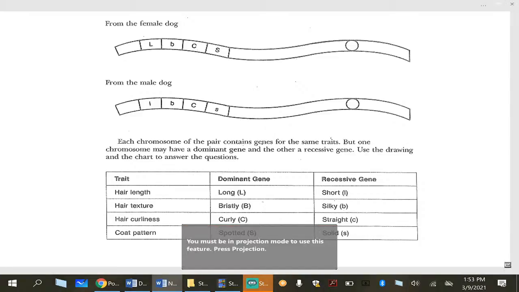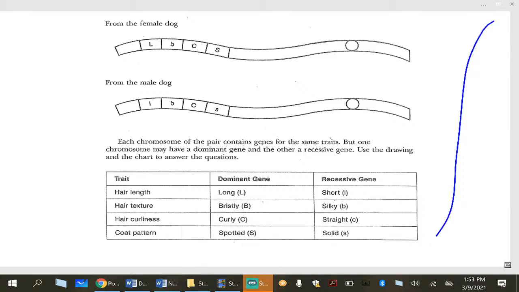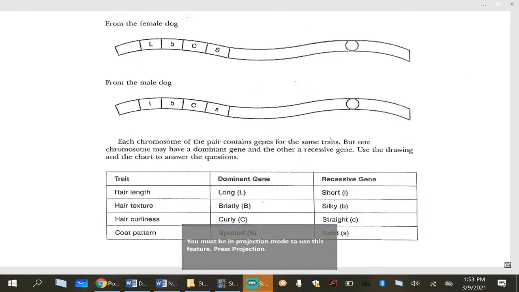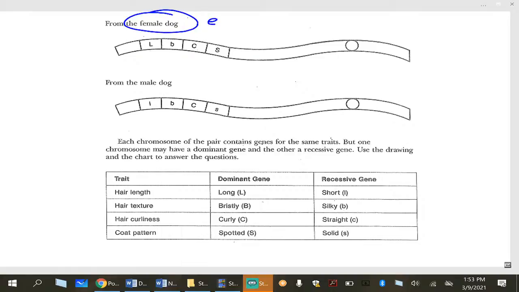Watch this. I hope it's not scary at all, but it's not that bad. First, there's a female dog here, a mom. She produced an egg, and in that egg there was at least 1 chromosome that was given to a puppy. Everybody understands that's a chromosome?